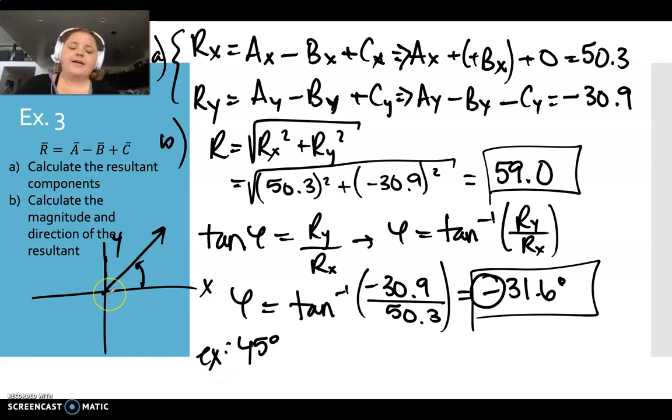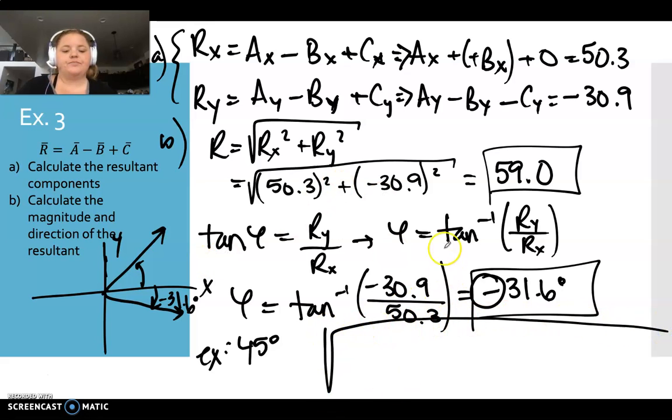But when we're looking at a negative value, we are going to actually move in the opposite direction. So typically we go counterclockwise when we're finding an angle, but now we're going to go clockwise when we have a negative value. So about right there would be our negative 31.6 degrees.